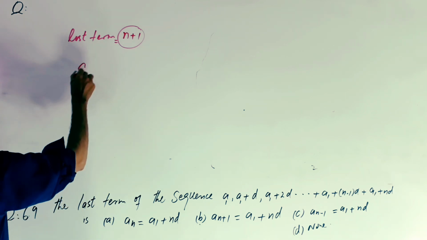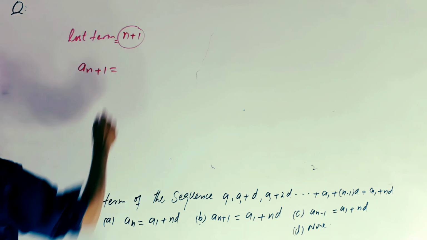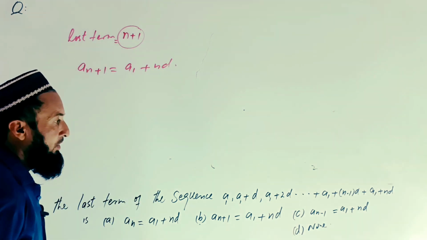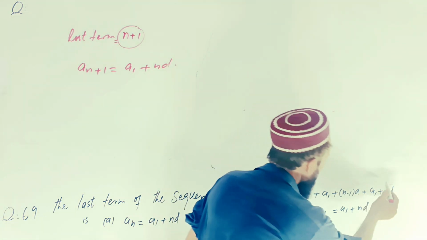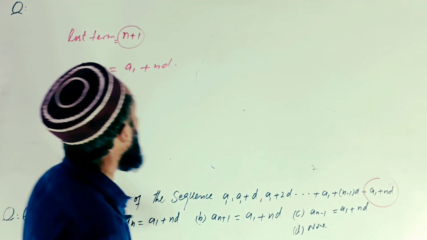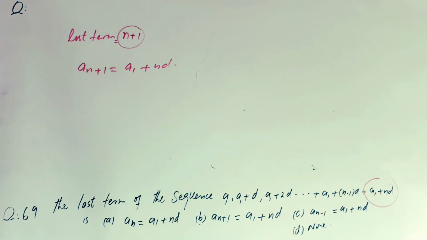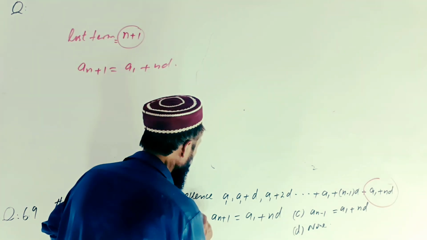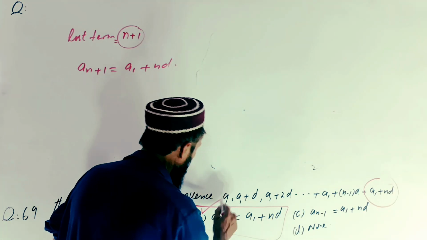So we can write the general term: a(n plus 1) is equal to a1 plus nd. So the last term is a(n plus 1). So we check the answer. B is the correct answer in this question.